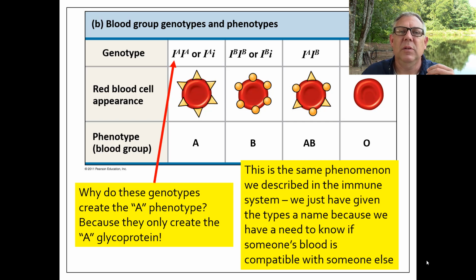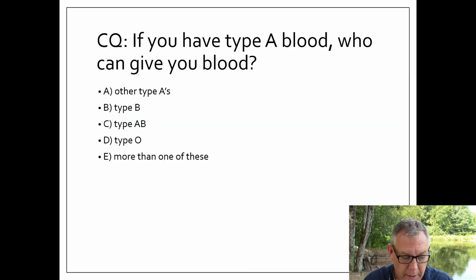It's just that we have given these proteins specific simple names, A, B, O, because we want to know, can we exchange blood among different people, and we need a shorthand to make it easy to describe somebody's blood. We could do this with any cell and any protein, but we don't have a need to. But it's the same idea that you have these proteins on the surface of your cell that help you identify whether that cell belongs to you or not.